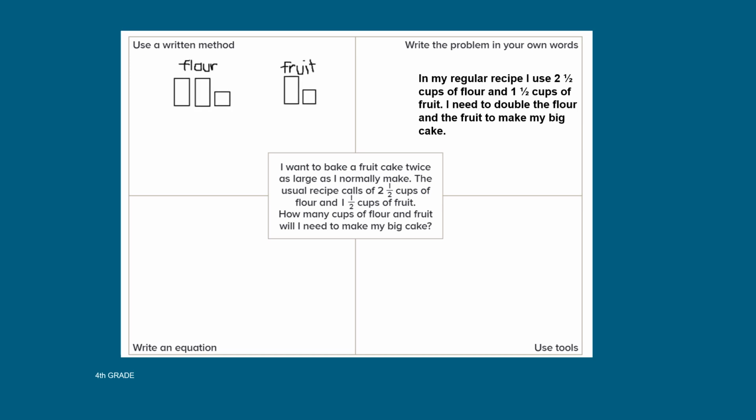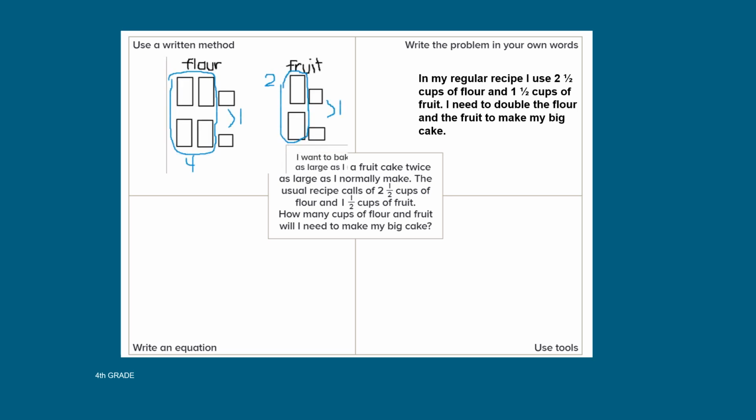Maybe you drew a picture of the flour and fruit needed for the original recipe. Here are 2 whole cups of flour and a ½ cup. This picture represents 1 cup of fruit and a ½ cup of fruit. The story tells us that we need to double the flour and the fruit.